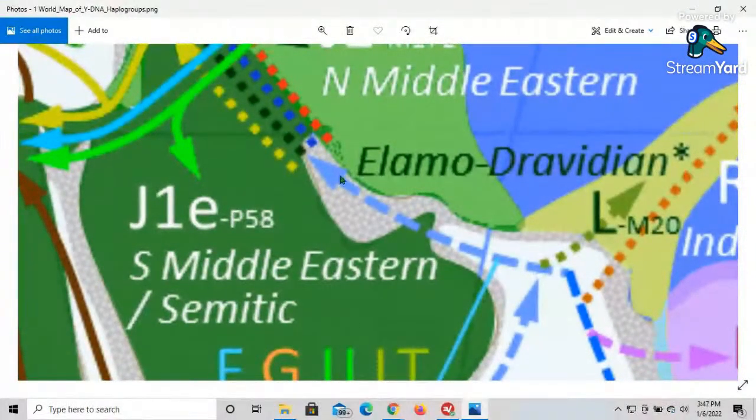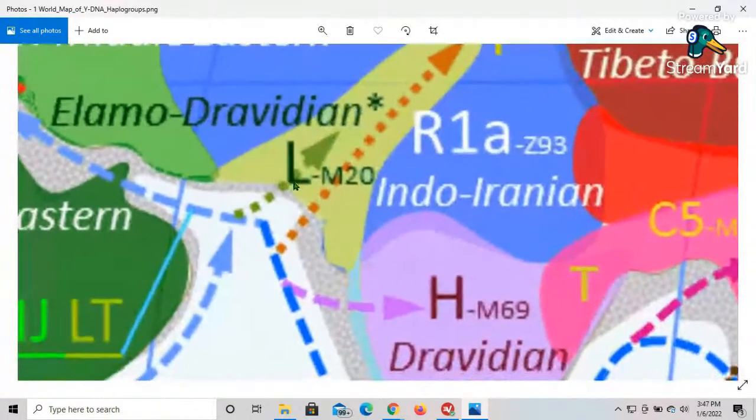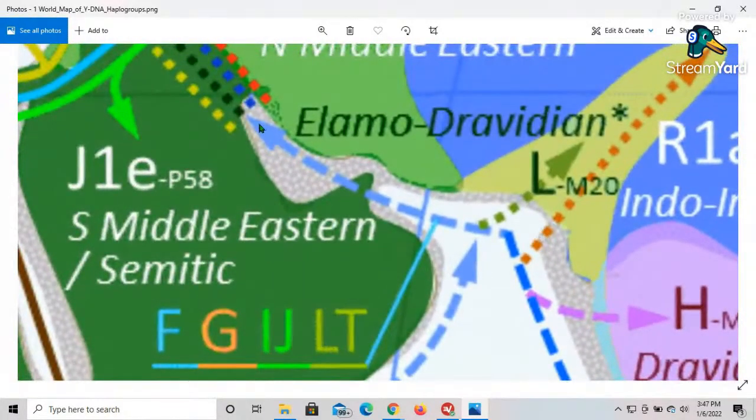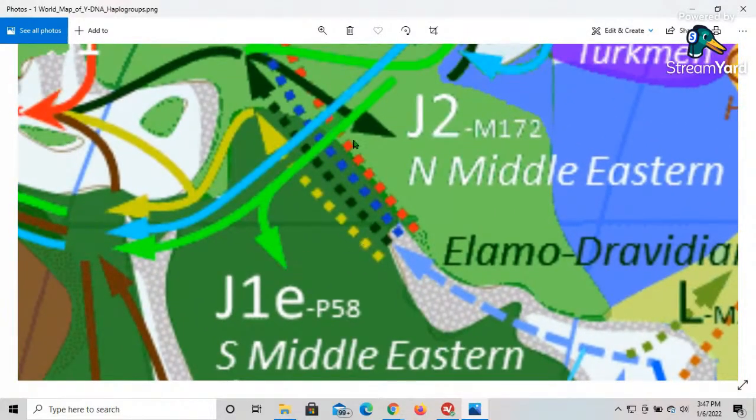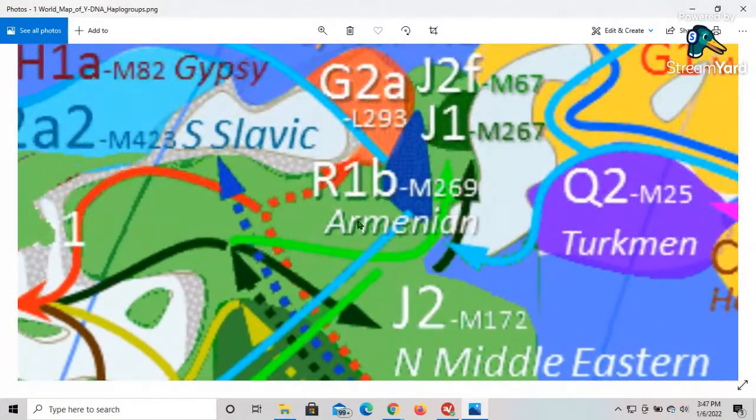We have a couple of Semitic tribes or ancient civilizations. And of course, the G would be Assyrian.